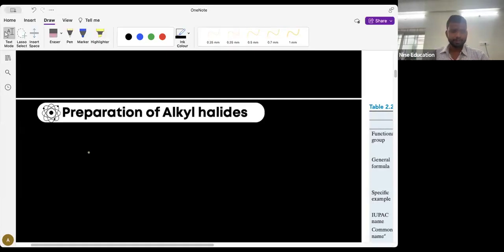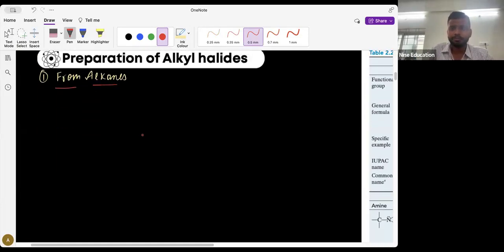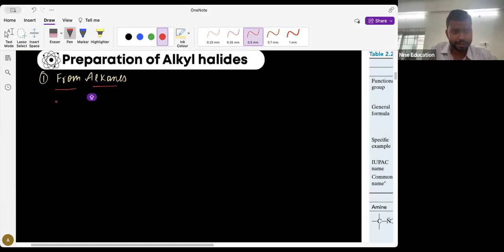See, beta, preparation of alkyl halides. First reaction we will start. Preparation of alkyl halides, we have all done from alkanes. If I am preparing alkyl halides from alkanes, let's take the first example. Let's say we have CH4, and we put chlorine in heat, and what will be prepared?